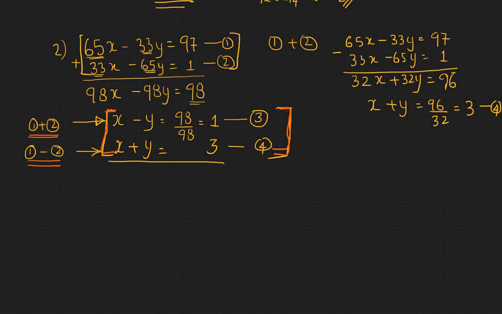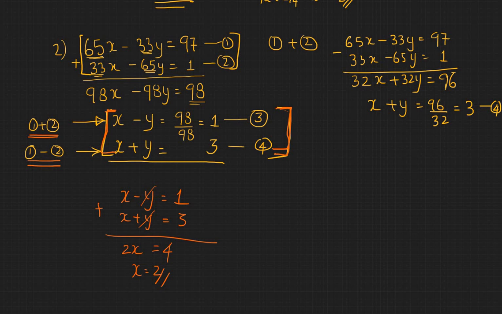So now this becomes very easy to solve. To solve x minus y equal to 1 and x plus y equal to 3, all you need to do is to first add them up, and you get 2x, this gets cancelled, equal to 4, and x equal to 2, right? So this is one of the solutions.